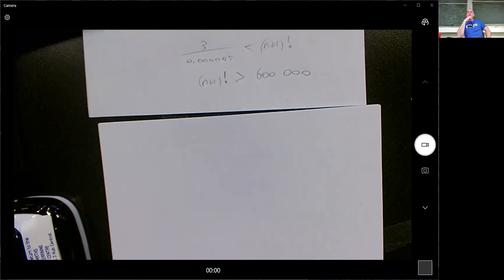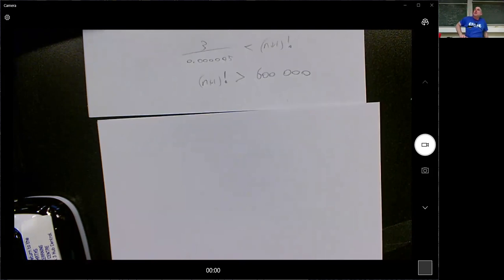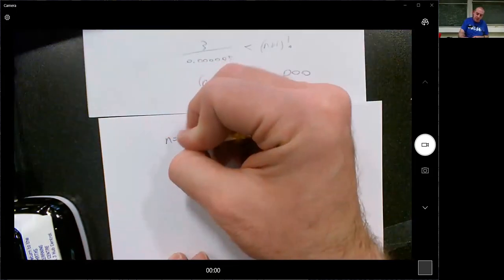No, you're just going to have to try them. I know that n can't be 4 because the last factorial I know off the top of my head is 5 factorial, which is 120. And so n's got to be more than 4, so I'll start there. So I'll start at 5.